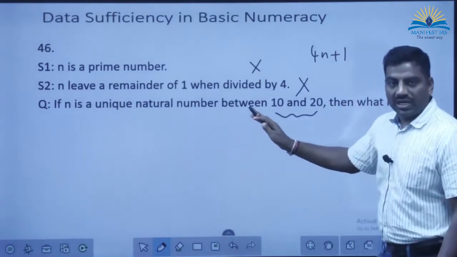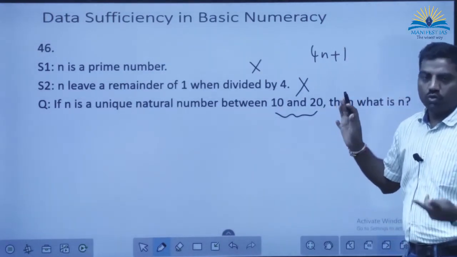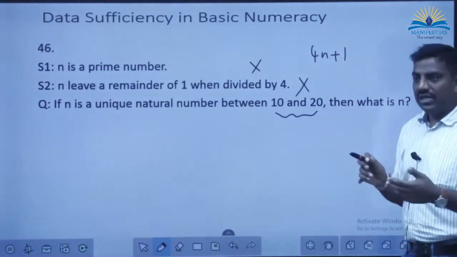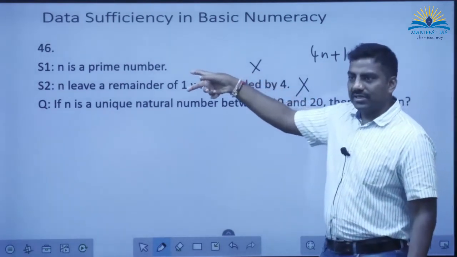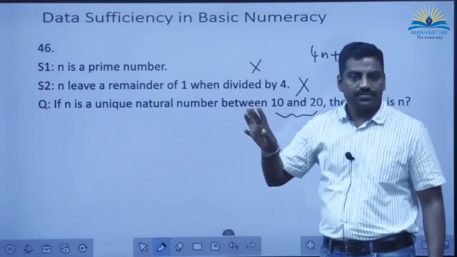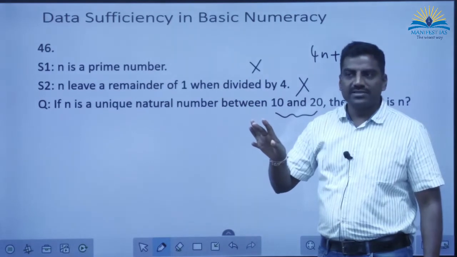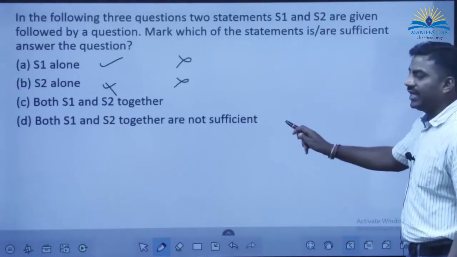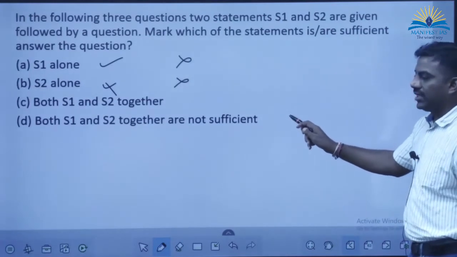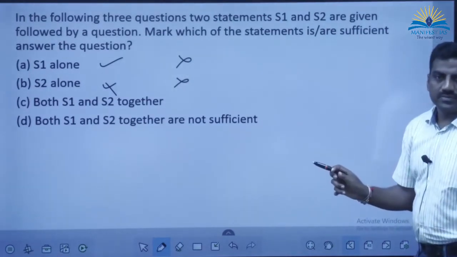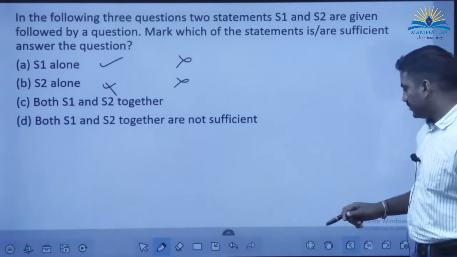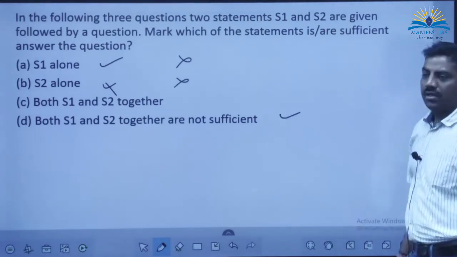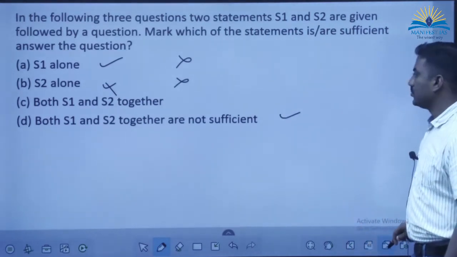Again, do we get one unique number? No, two numbers, two options are there. Even after considering both the statements, we cannot answer the question. So finally, what we have to tick? Both S1 and S2 together are not sufficient. So this is the answer for that question.